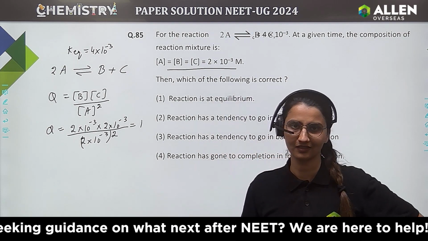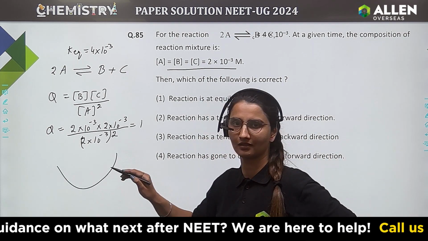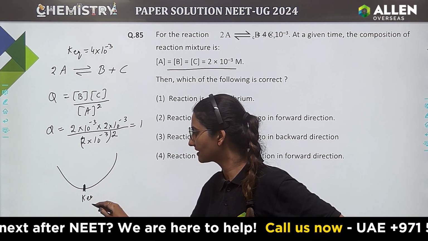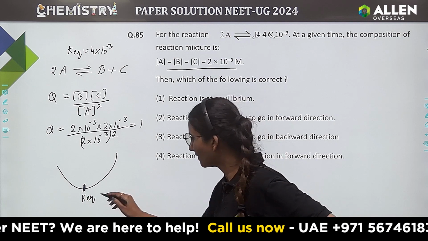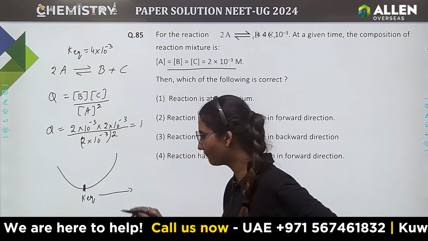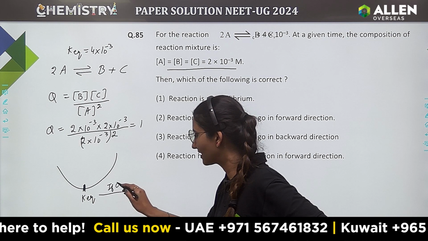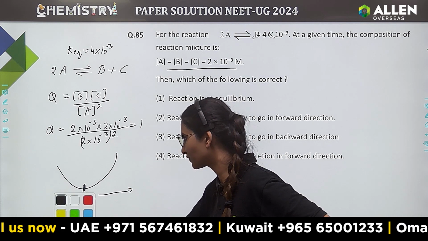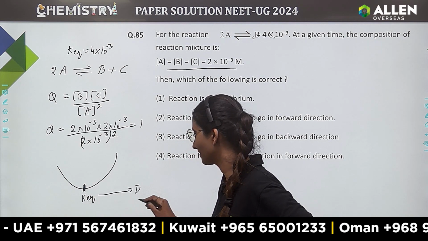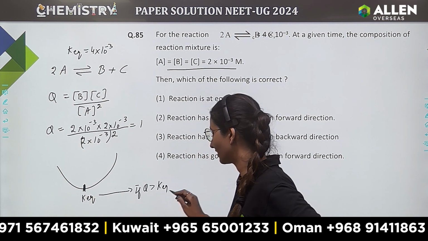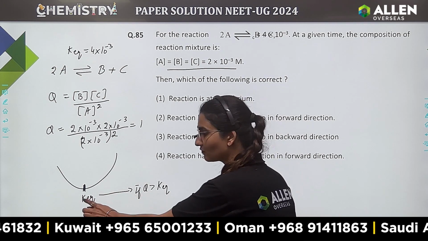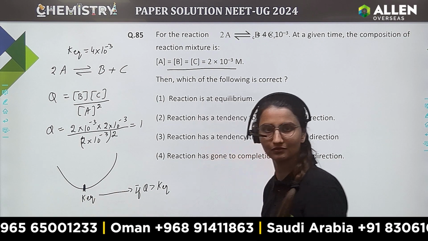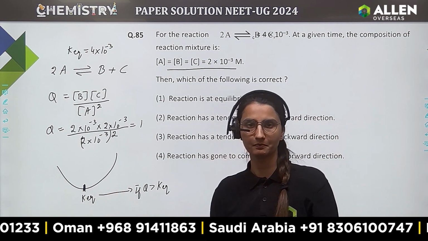Q is 1. You know, it's like this. A reaction always wants to attain equilibrium, and hence K equilibrium. If Q value is greater than K equilibrium, the system wants to go back to gain that K equilibrium.